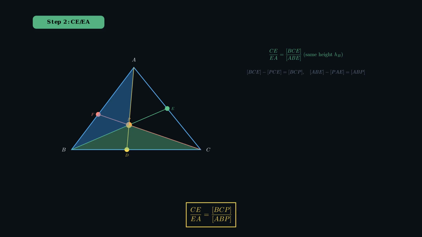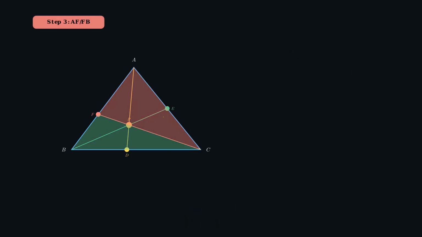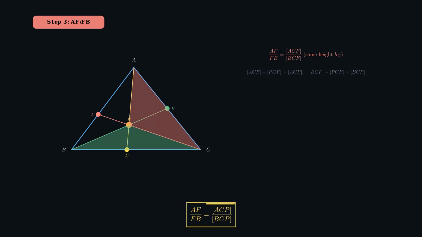By the same subtraction rule, CE over EA equals area BCP over area ABP. Step 3. Finding AF over FB. The third Cevian CF gives us the same pattern. Triangles ACF and BCF share the same height from C to line AB. Subtracting the P triangles gives us AF over FB equals area ACP over area BCP.